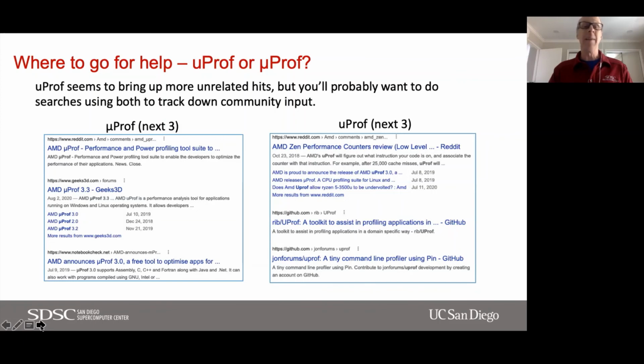It looks like muprof is more reliable. In the panel on the right, of those next three hits, the first one was actually the AMD tool. The next two were something completely unrelated. So if you're looking for information on uprof, I would say search both, but searching on muprof is probably going to work a little bit better for you.